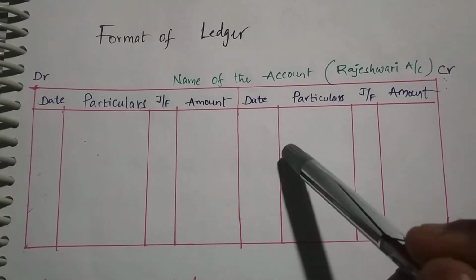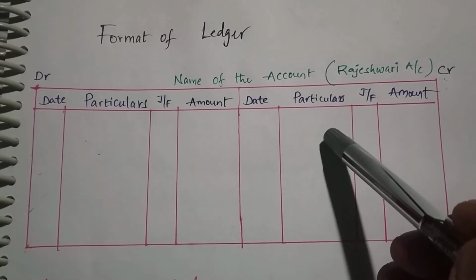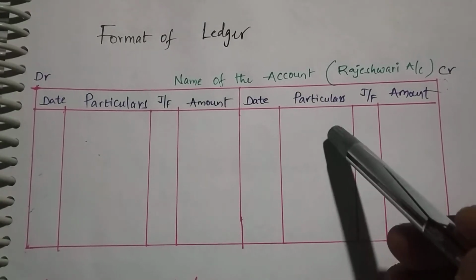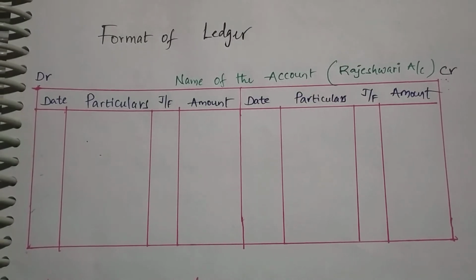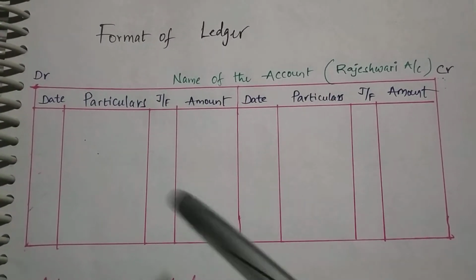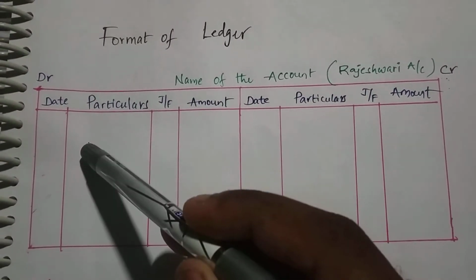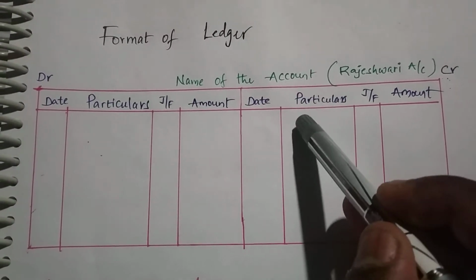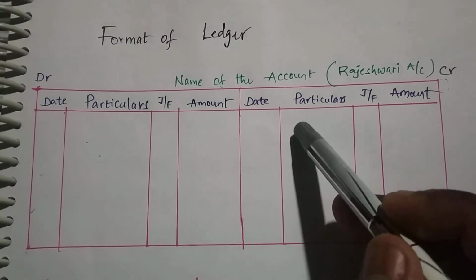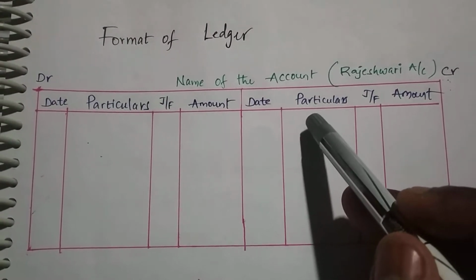Similarly, the word "By" is used before the accounts which appear on the credit side in the particulars column. I hope you are very clear. "To" is used for the particulars appearing on the debit side, and "By" is used for the items appearing on the credit side.